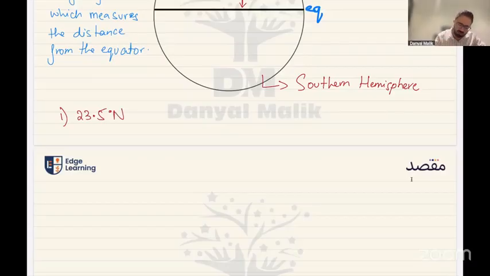The second value we have to learn is 30 degrees north. The third value is 32 degrees north. And number 4 is 36 degrees north.